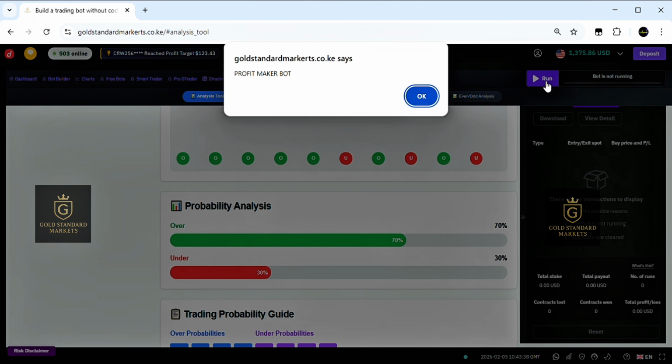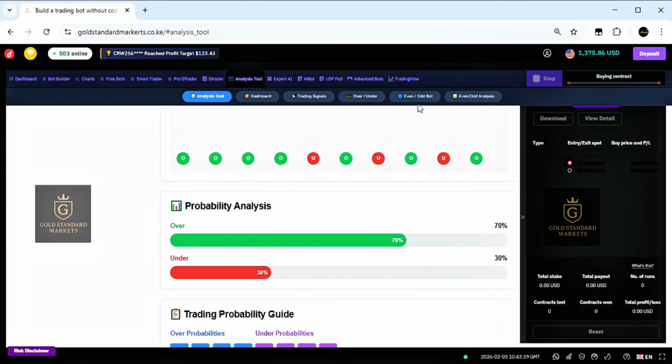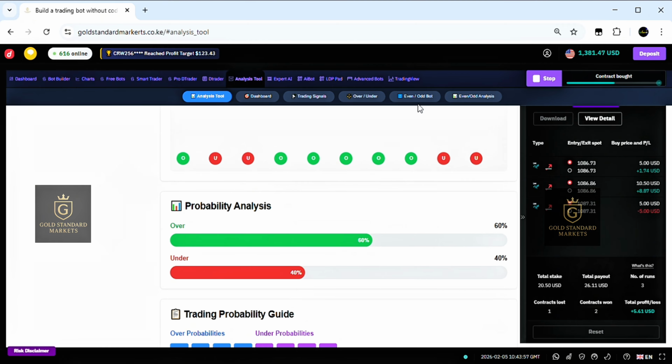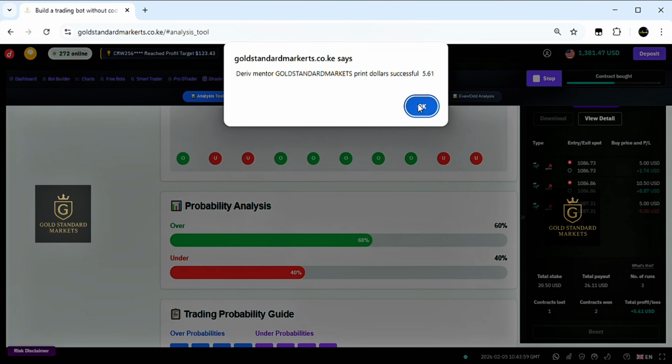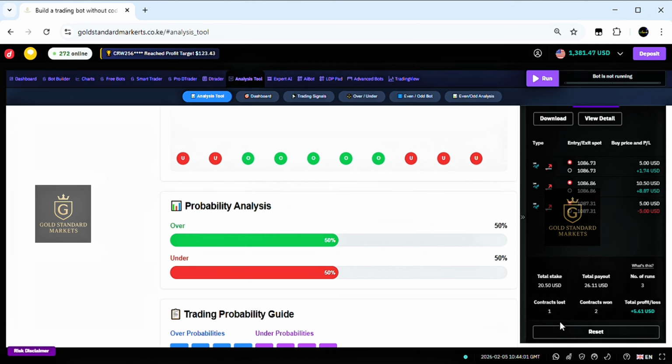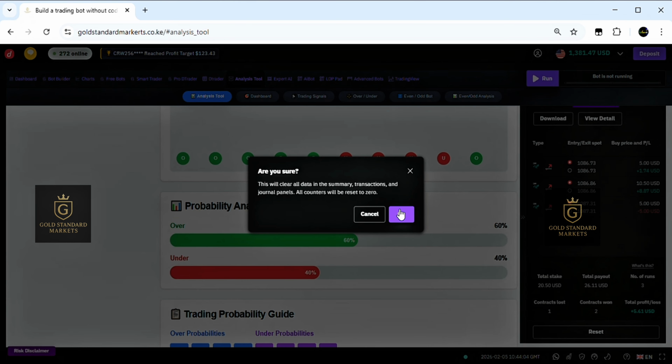Okay, so let me just calculate it while I'm resetting and running it. If 2 sessions will give us $10, another 2 sessions will give us another $10, that's $20. Another 2 sessions will give us another $10, which is $30, like that. So let's say 20 sessions would give us $100.